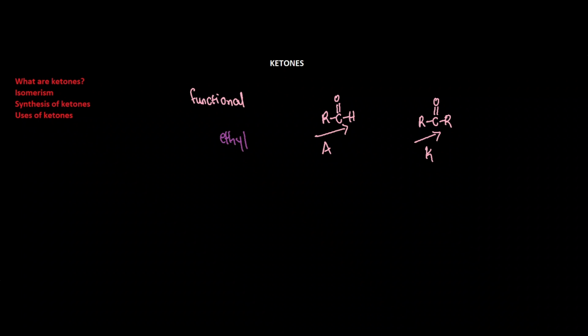Okay, and the general molecular formula for an alkyl is CnH2n+1. Okay, so an ethyl would have the formula C2H5 since n equals 2. So we can write it out as C2H5, of course bonded to the carbonyl group, with hydrogen on this side.